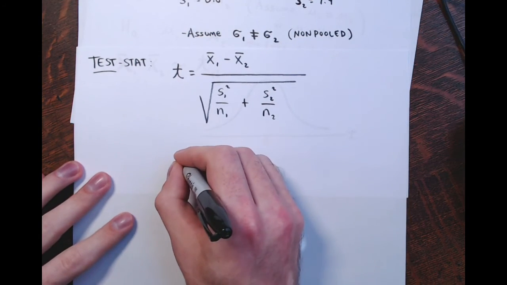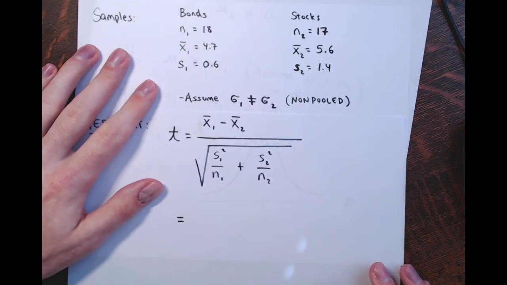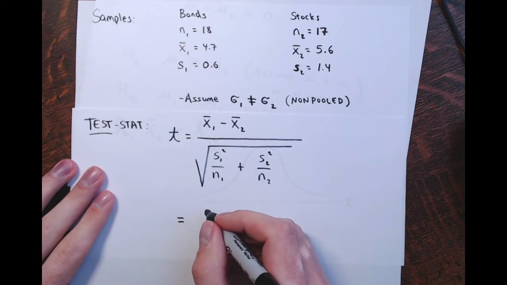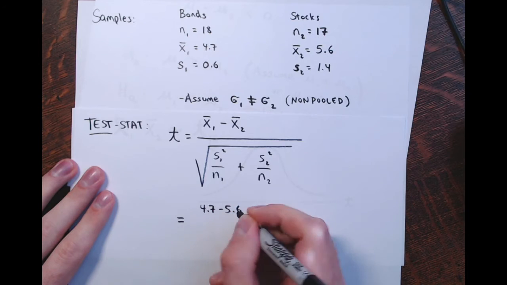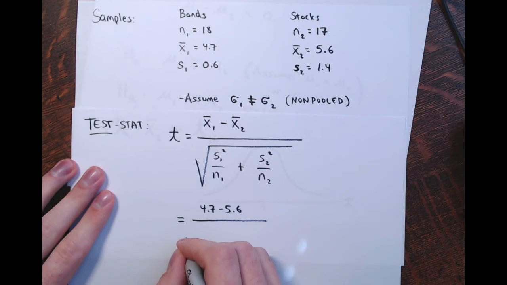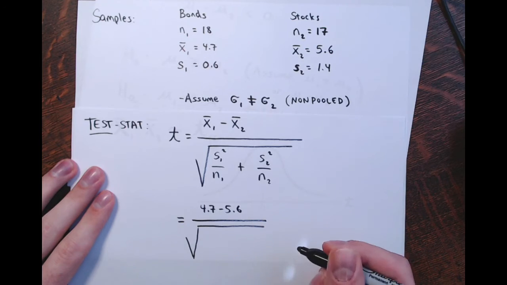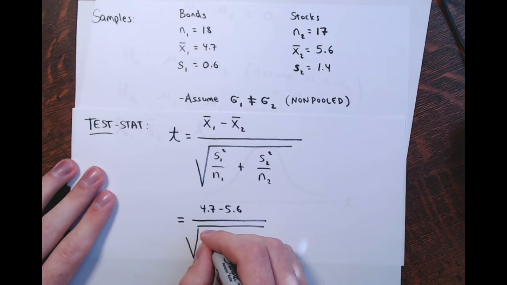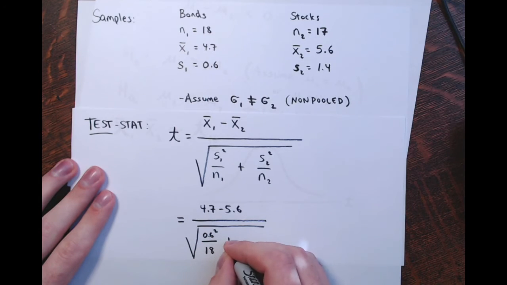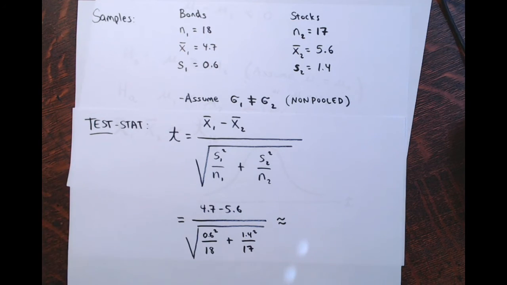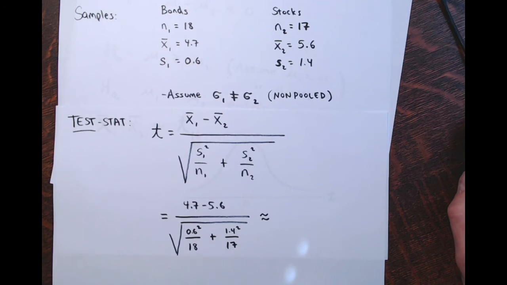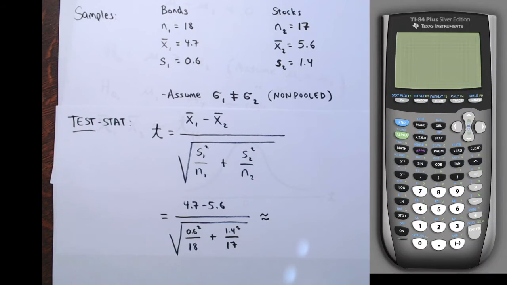Alright, so plugging in all the numbers we have, I've got all my sample information up here. The numerator is 4.7 minus 5.6, divided by the square root of s1 squared, 0.6 squared divided by n1, plus s2 squared, 1.4 squared, divided by n2, 17. And we're asked to round this to the nearest hundredth, to 2 decimal places. So I'll pull up the calculator and we'll punch this in.